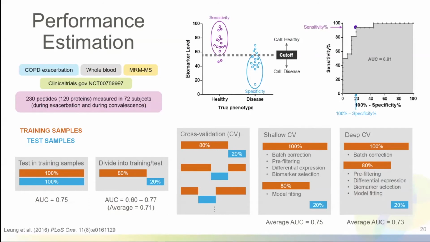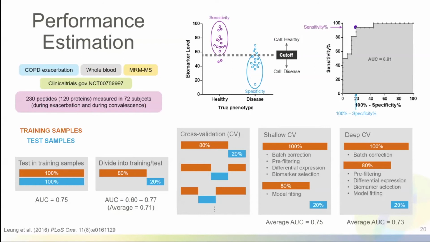Now, typically, we might do things like batch correction outside of this and use all of the data because that doesn't involve phenotypic information, just technical metadata. Filtering can go either way depending on the type of filtering and whether you're using phenotypes implicitly or explicitly. And everything else would be done within this train test split within the cross-validation. So in this example, we get an AUC of 0.73, which is lower than what we get from the shallow cross-validation.